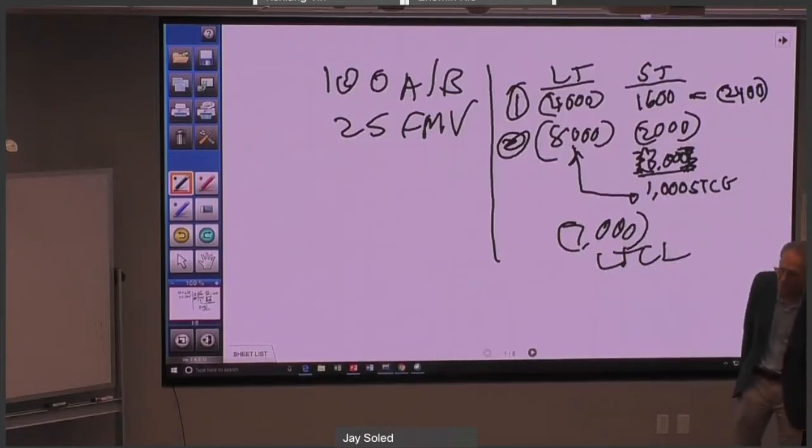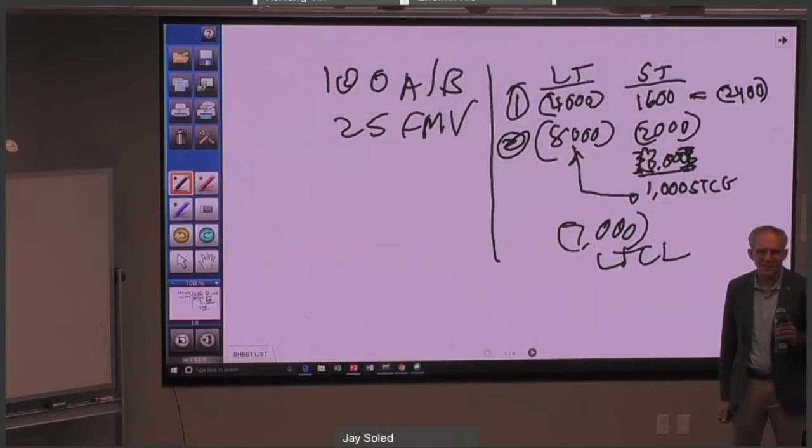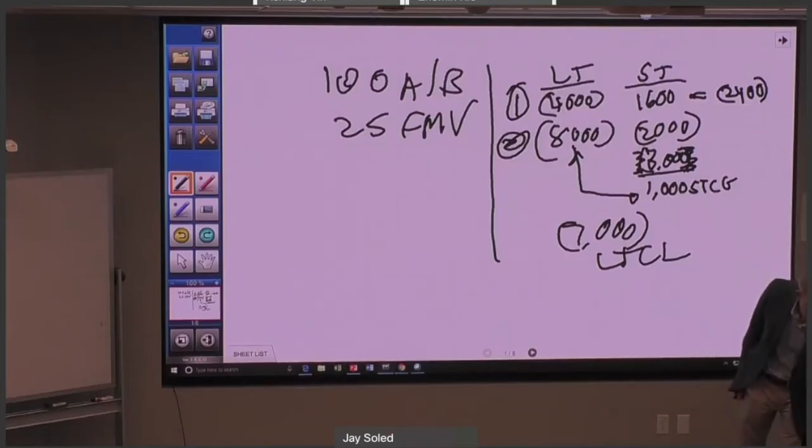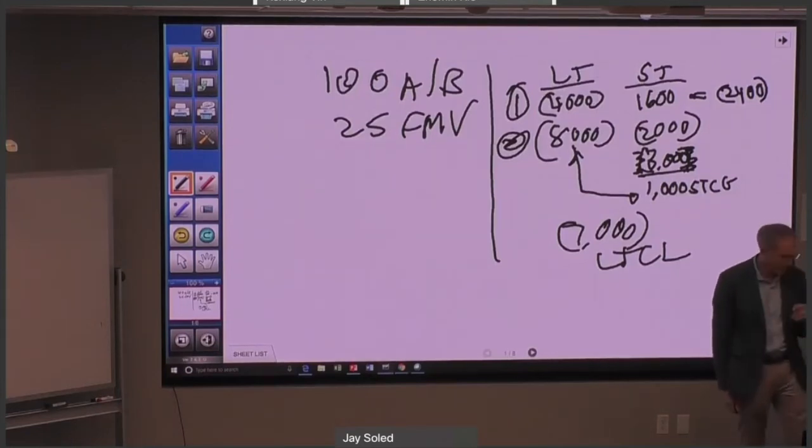Turn to find that answer as we turn to find all answers, Kyle. Code section 1221 is probably a good place to start because it's entitled Capital Asset Defined.